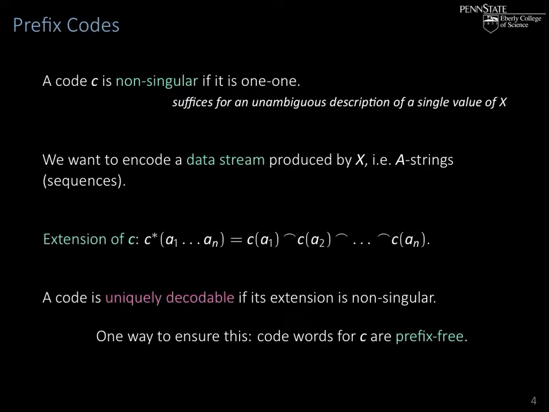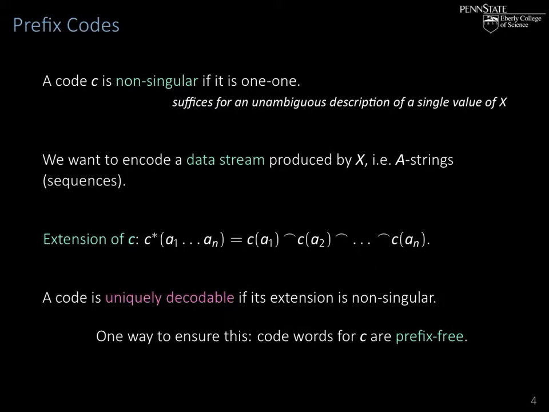Well, to that end, we look at the extension of a code C. It's denoted C star. And now here we have an A string, right? A finite sequence of symbols from A. And we just say the extension C star of our code to sequence strings, and also sequences possibly, is just the concatenation of the code words that are assigned to each of those values in the string.